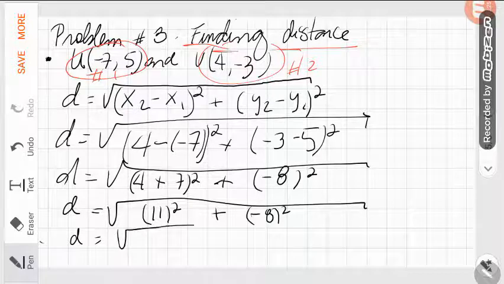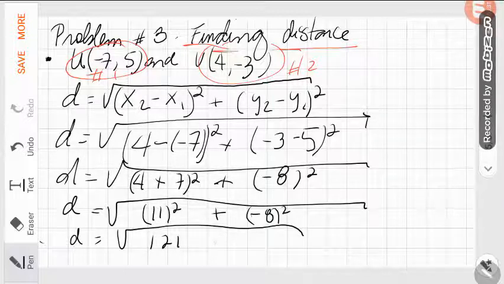In this next step, when I multiply 11 times 11, I'm going to have 121. And when I elevate 8 to the second power, I'm going to have 8 times 8, which is 64.